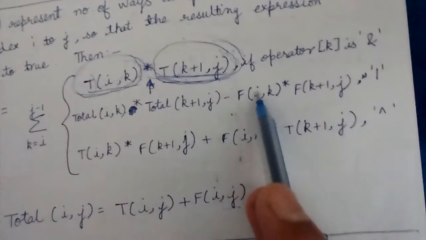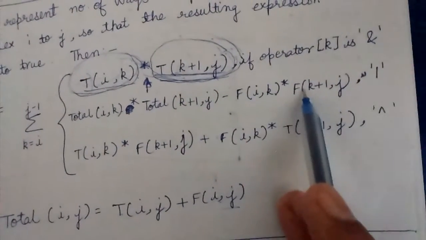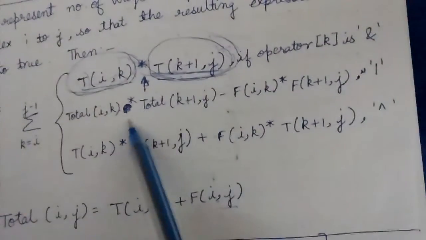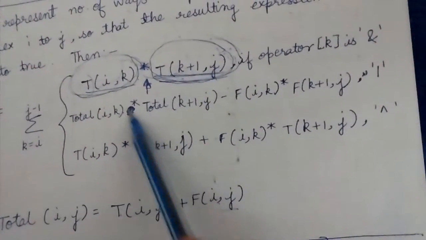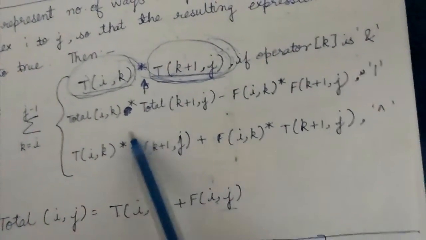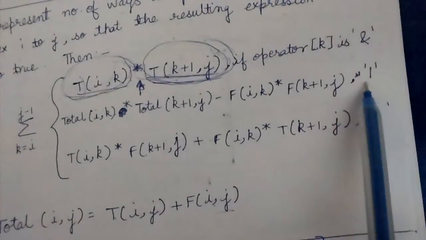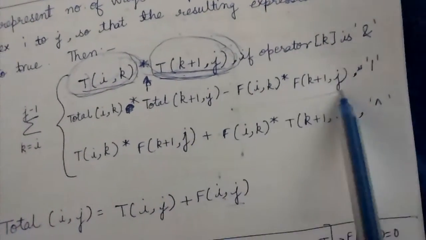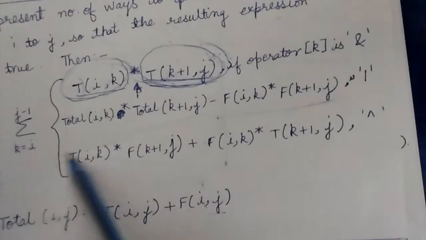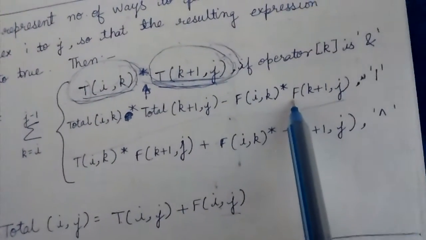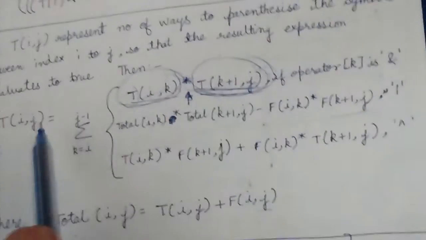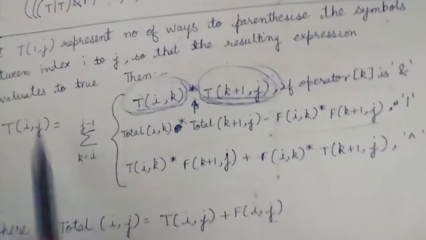So total minus when both evaluate to false. I think the multiply part is clear. So total minus when both evaluate to false. This is for OR, because OR is false only in this case. In all other cases it is true. So we deduct this case from it for the final expression to be true.